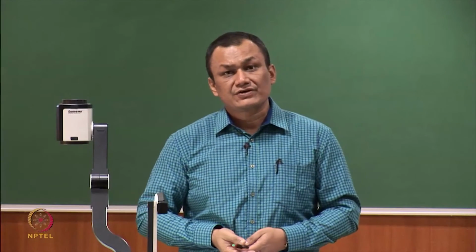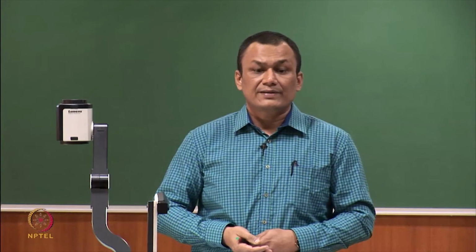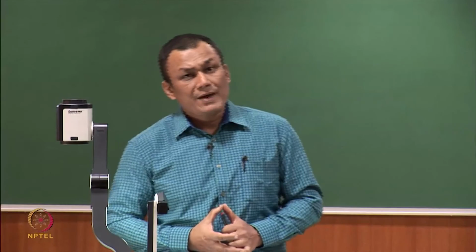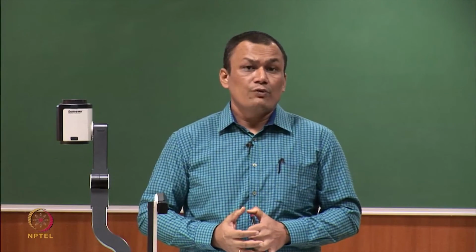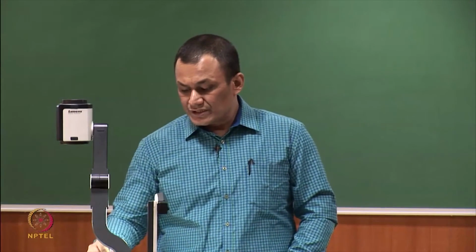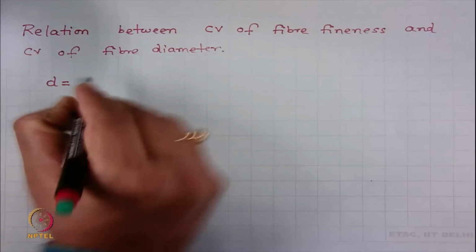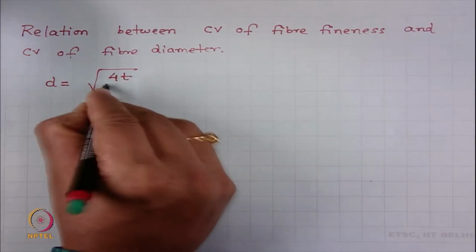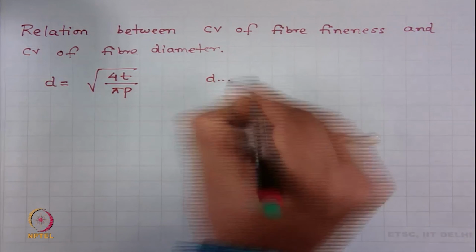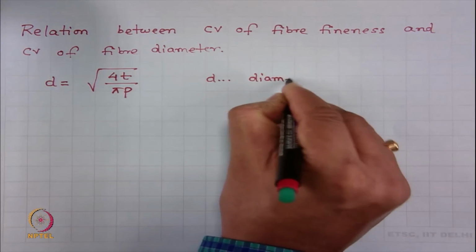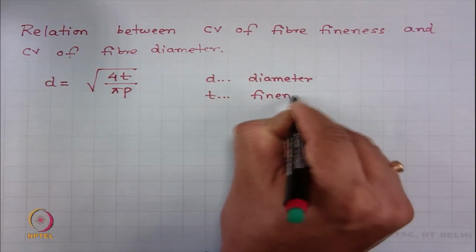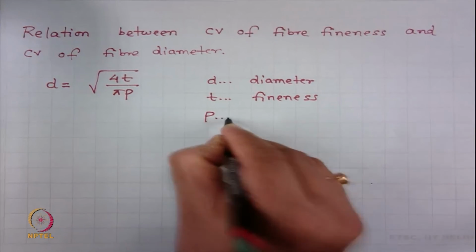What is the relation between CV of fiber fineness and CV of fiber diameter? Now, if we go back to our module 1, where we discussed basic fiber characteristics, in that module we derived a relation of fiber diameter, where d stands for fiber diameter, T stands for fiber fineness, rho stands for fiber density.